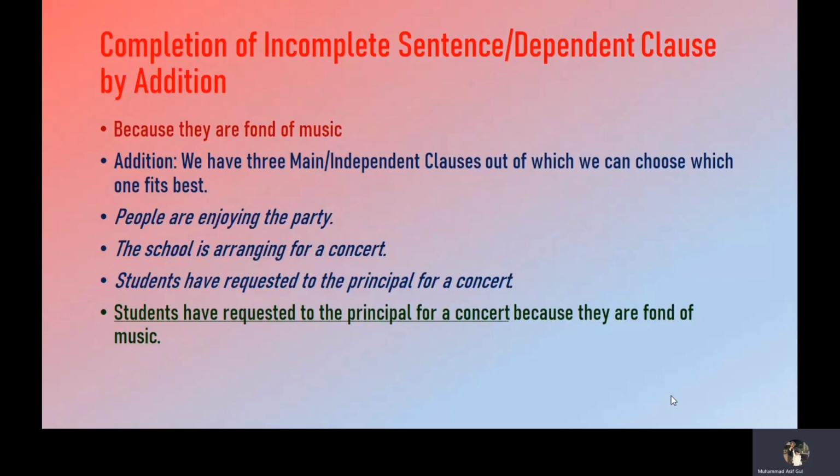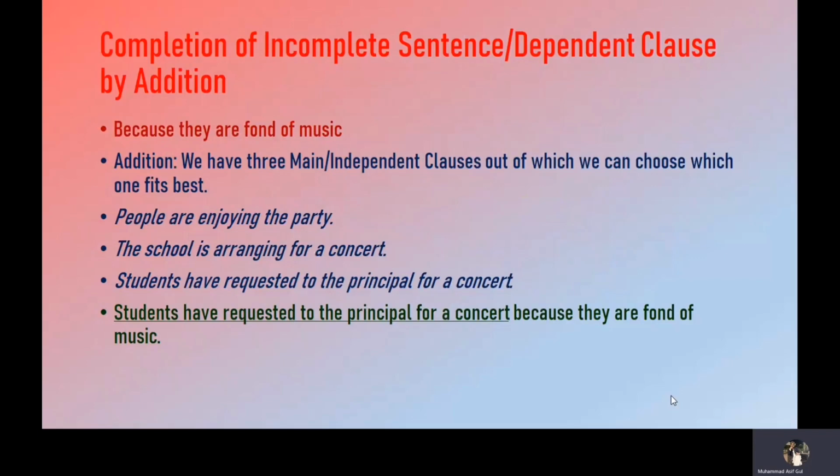There might be very melodious music in the party. So we can complete the above incomplete sentence by combining this main clause with it. People are enjoying the party because they are fond of music, and we will place a full stop after music.